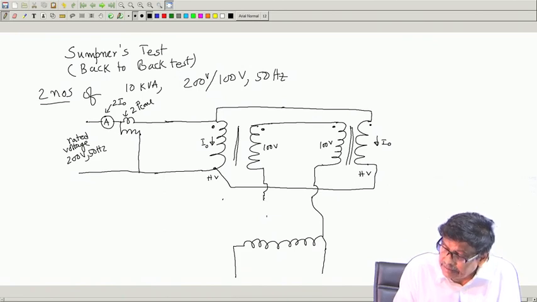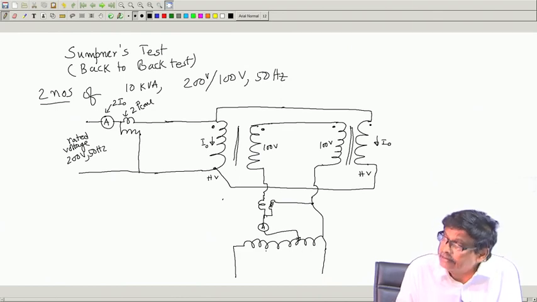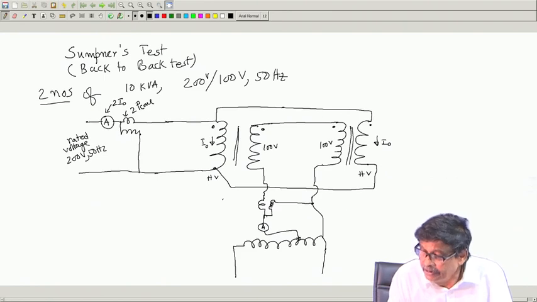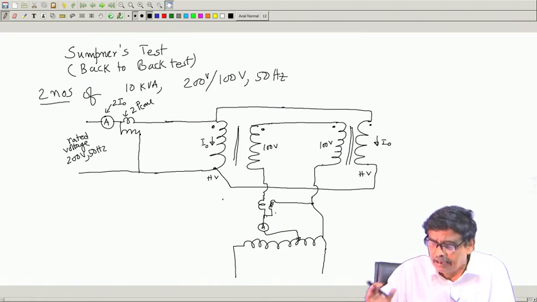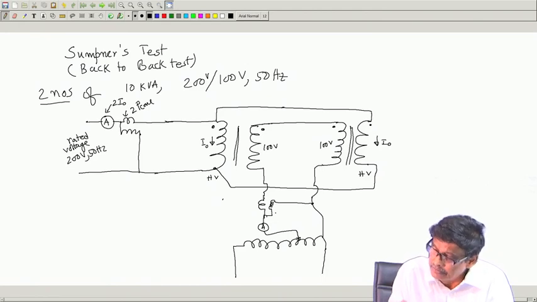And here once again you connect a wattmeter and an ammeter, and make an arrangement so that you can apply a small voltage across this. If the pointer was at this point, no voltage you have applied and the net EMF acting in this circuit is 0, nothing happens.